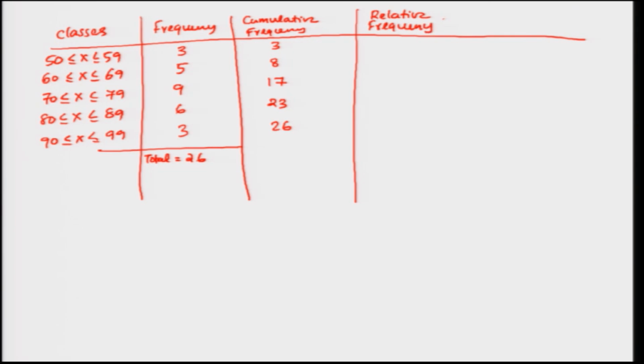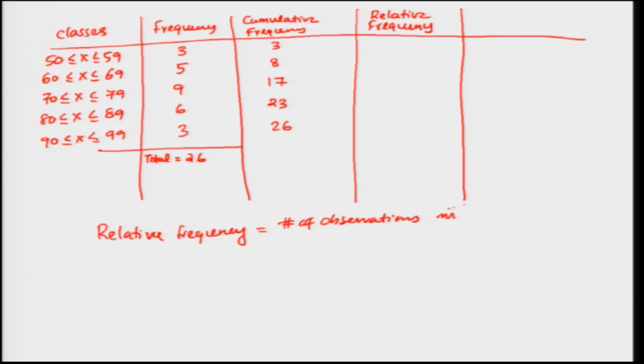To remember again, relative frequency is calculated by dividing the number of observations in the group by the total number of observations.